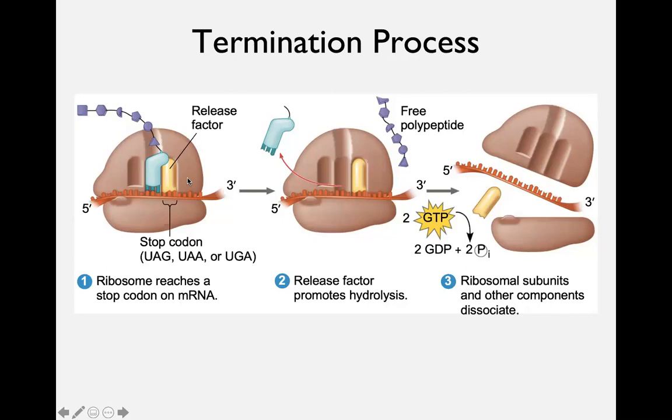So we don't have a new amino acid. It just goes into that 3rd slot in the ribosome and stops the whole process. That last tRNA is released, the polypeptide chain is released, and then everything just breaks apart. So the mRNA goes on its way, and the ribosome breaks apart to be used again later for other translations.